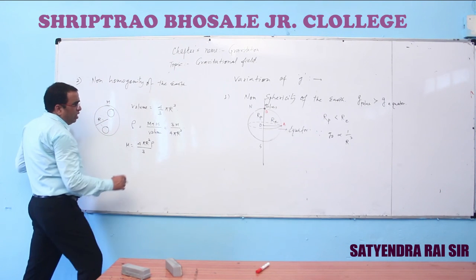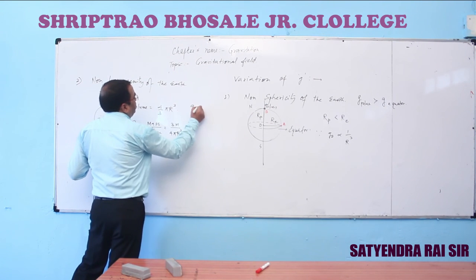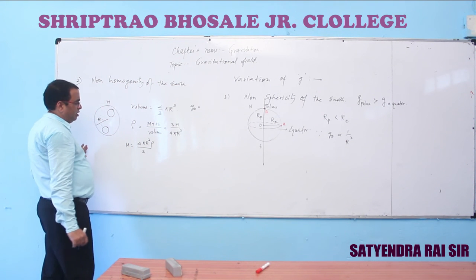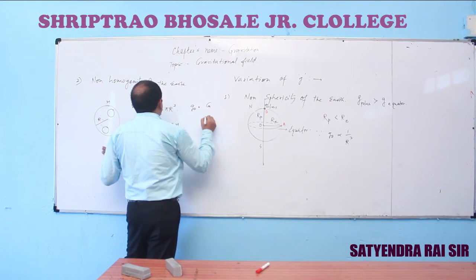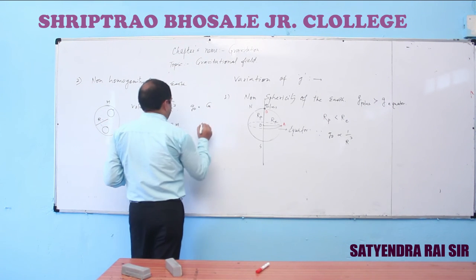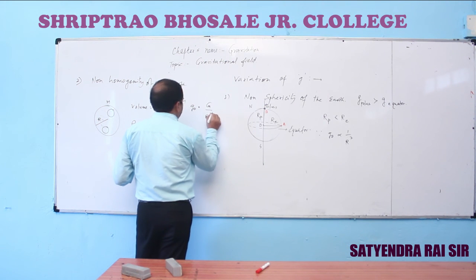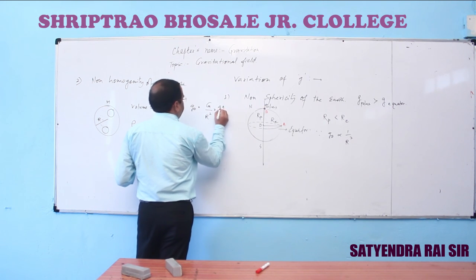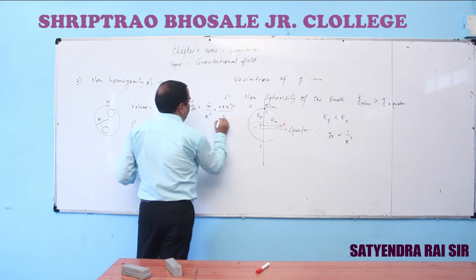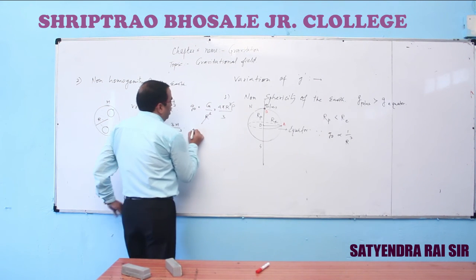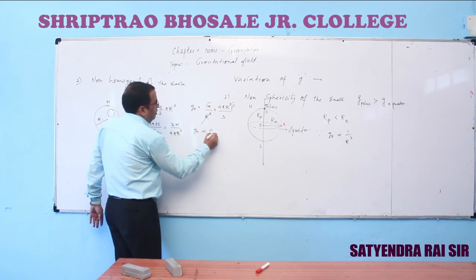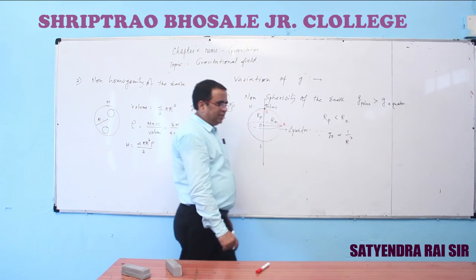This is the mass, and we know well g naught at the surface is GM by r square. So g naught is G by r square into 4 pi r cube rho upon 3, r square and r cancel, or we can say g naught is directly proportional to rho, where r is kept constant.